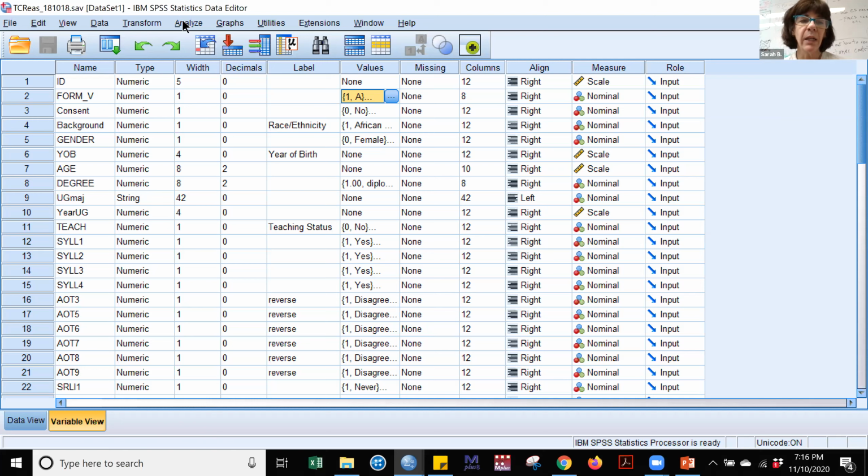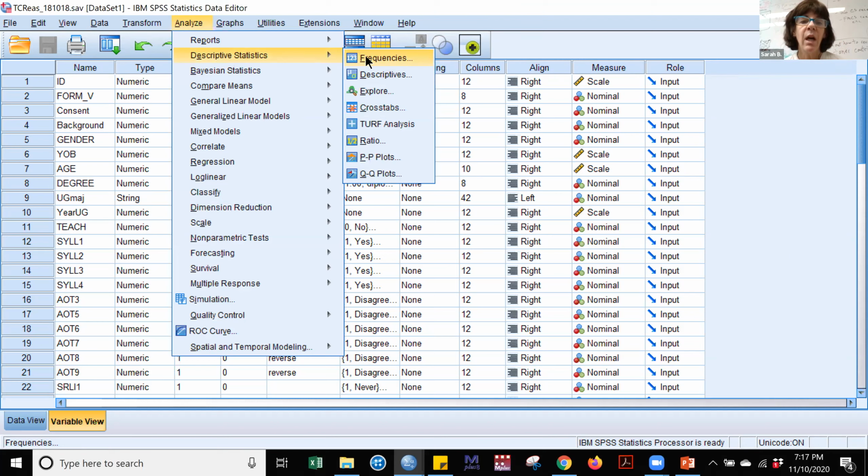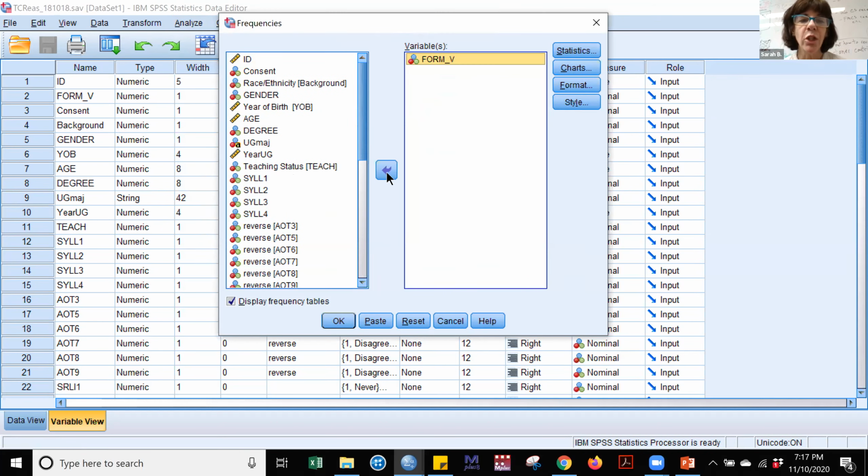So to do that, I go under Analyze. You will already have done this. And I'm just going to get the frequencies of categorization in this form item. So I'll know how many people took either form.